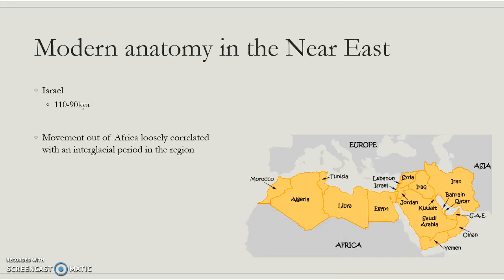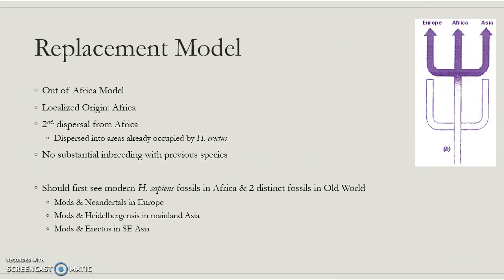So we see modern anatomy earliest in Africa. And that's important. It's not a really clear indicator that we definitely evolved in Africa, but it's a clue. So people that take that as an important clue say, well, we must have evolved in Africa. Our origin is localized to Africa.